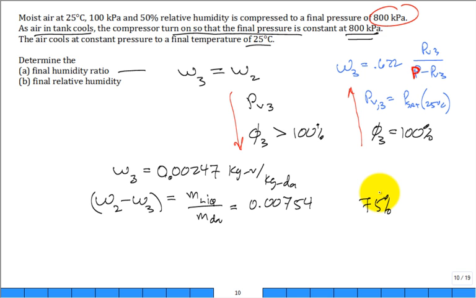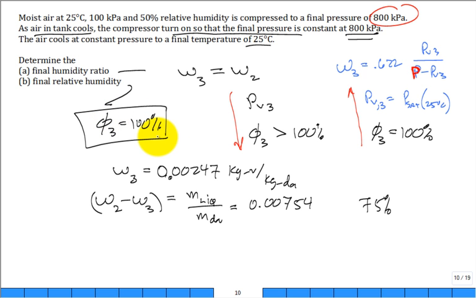That's a lot. Only 25% stays in the vapor form. And the last question, what's the final relative humidity? Isn't it 100%? All right. Very good. Ready to press forward?